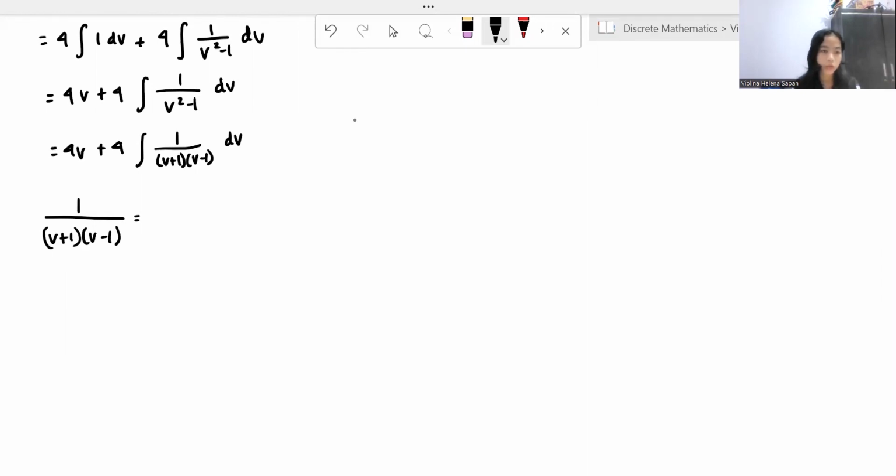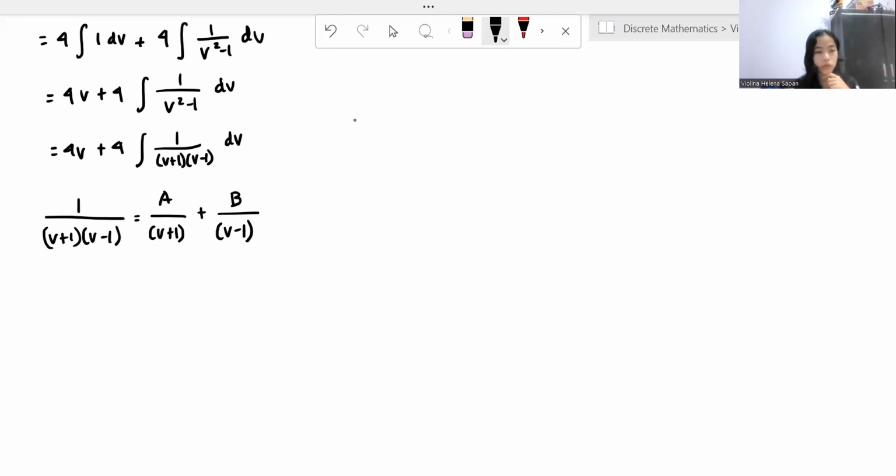We can separate this into a fraction with the denominator v plus 1 and the other one with the denominator v minus 1. We can put A and B here. So the concept is this partial fraction will add up to this original fraction.